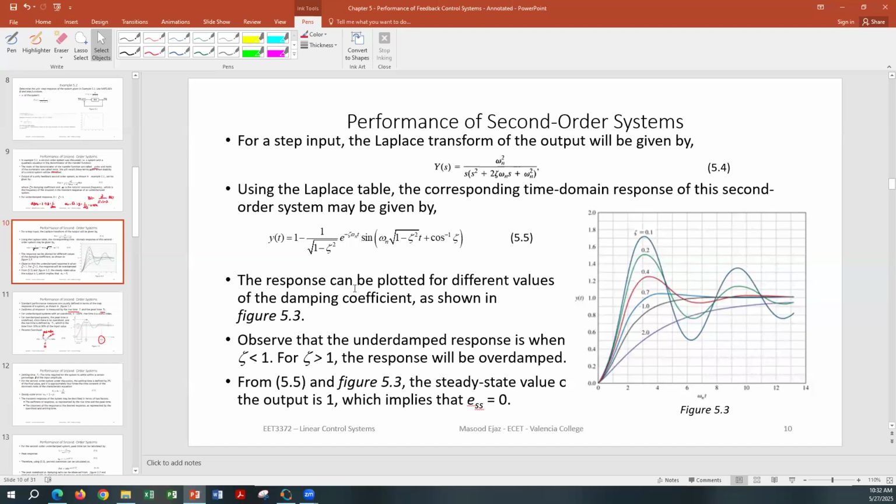So in this case, when you have e to the power negative zeta omega n t, we can write this down as e to the power negative t over 1 over zeta omega n, which is the same thing as e to the power negative zeta omega n times t. So 1 over zeta omega n is considered as the time constant of the system.